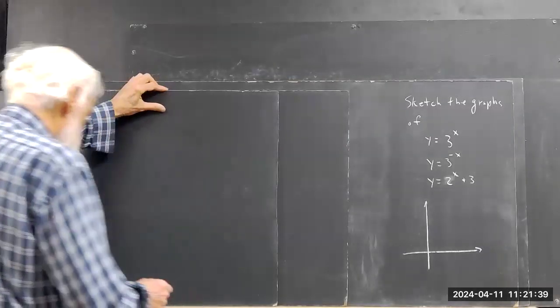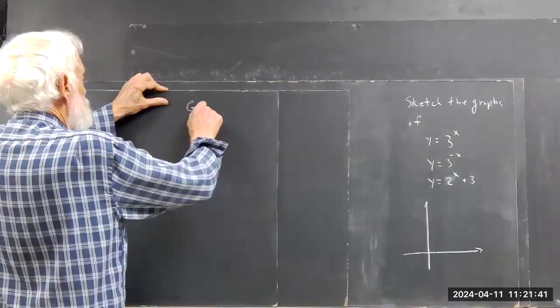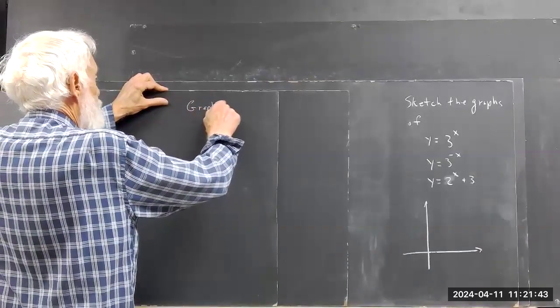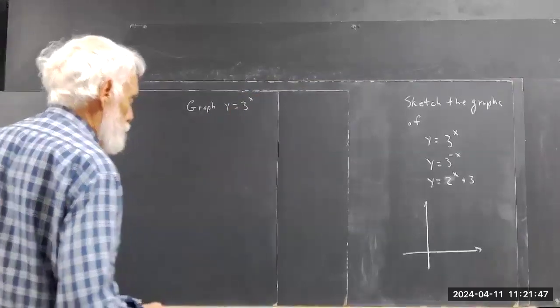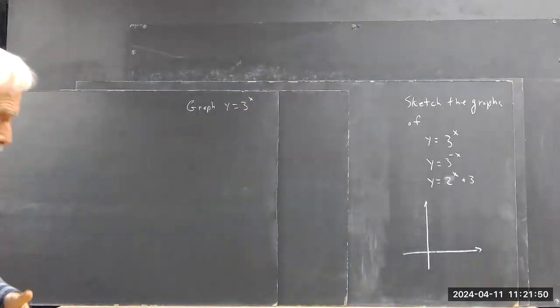Okay, so on the graph, y equals 3 to the x. Now, context.